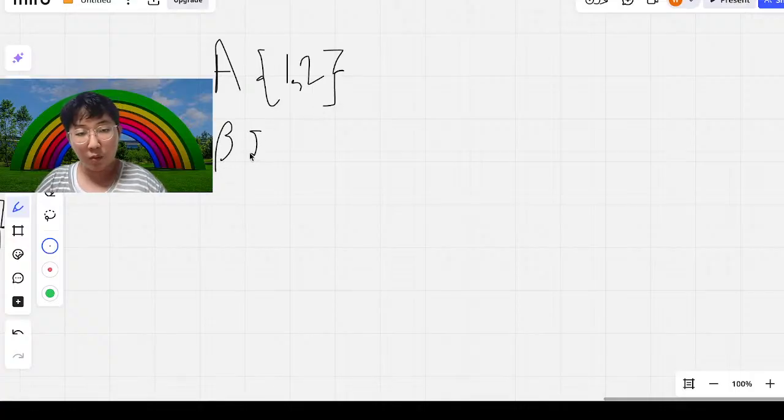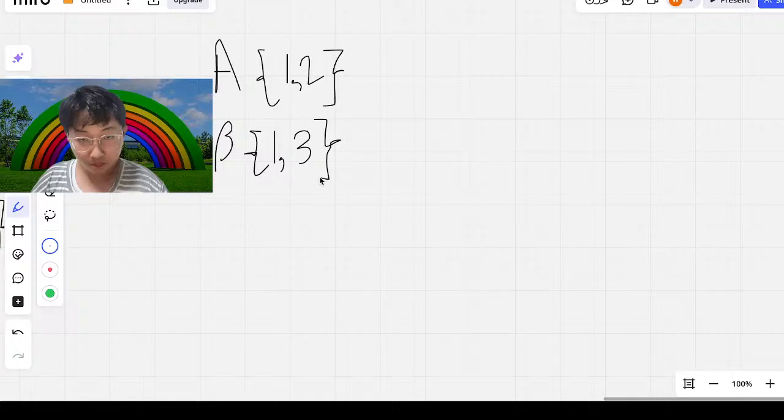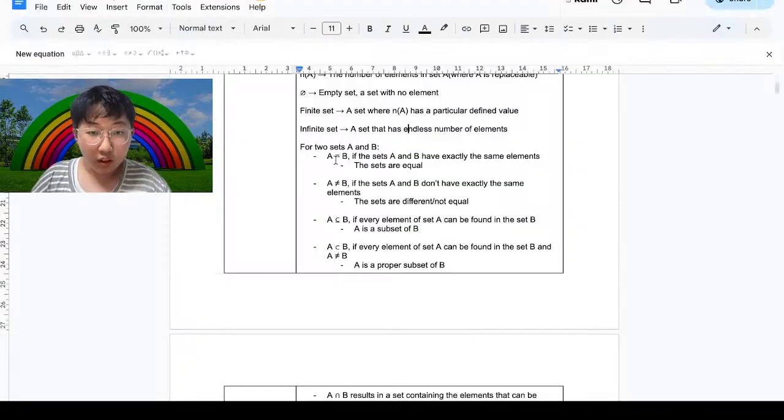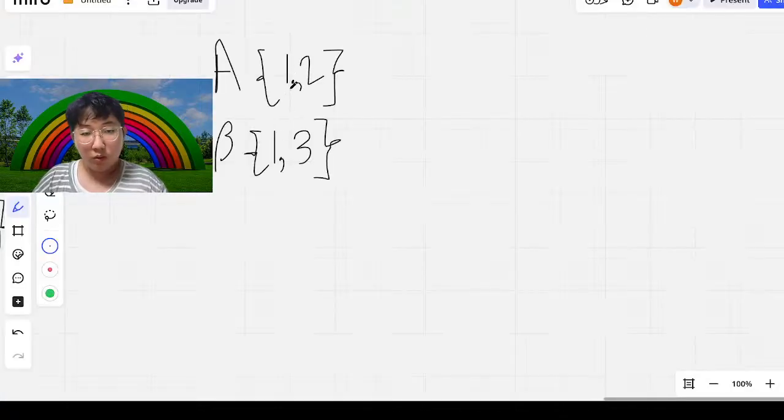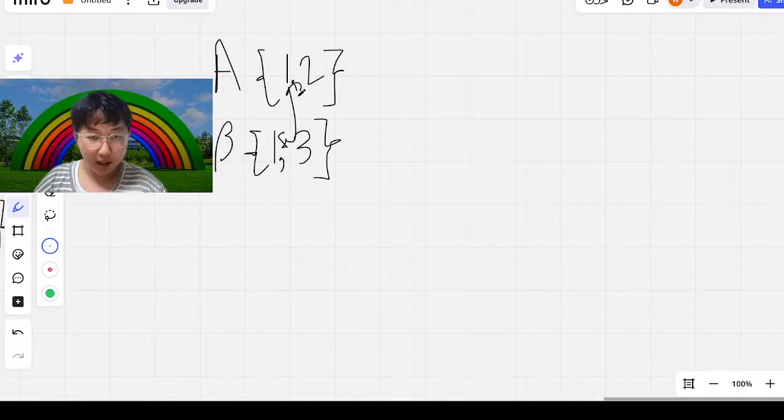And then let's say B was 1 and 3. A is equal to B if the sets A and B have exactly the same elements. Well, 1 is exactly the same here, but 2 is not the same as 3. So in this case, A and B are not equal.